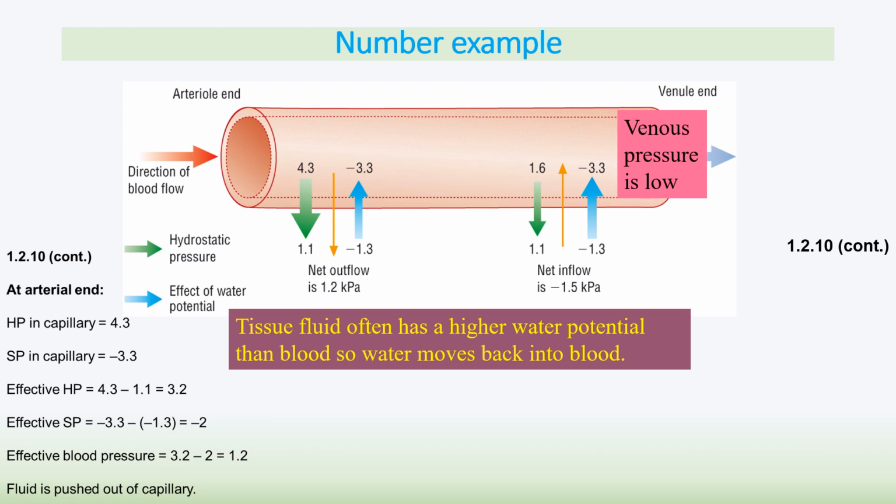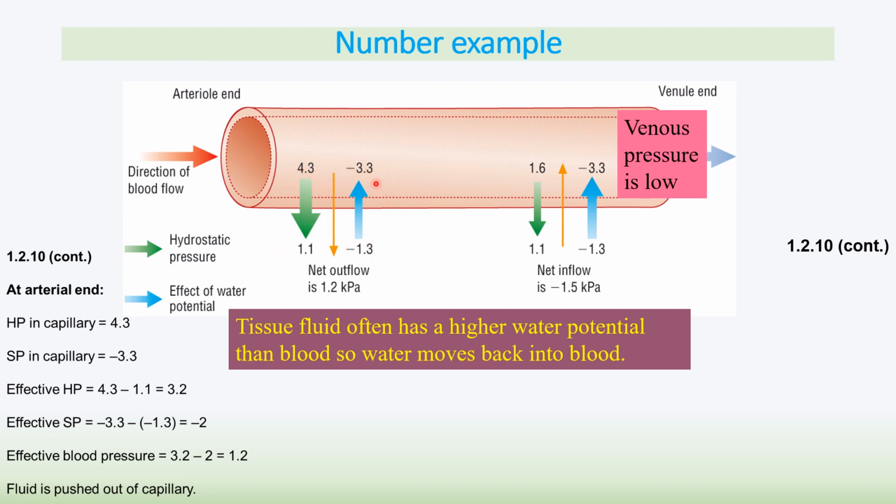Now the numbers. If we look at the arterial end of the capillary here, you have these numbers. The hydrostatic pressure is 4.3 in the arterial end of the capillary. It's 1.1 in the tissue area. So you've got a change there of 3.2 leaving outwards, whereas your inwards one is minus 2.